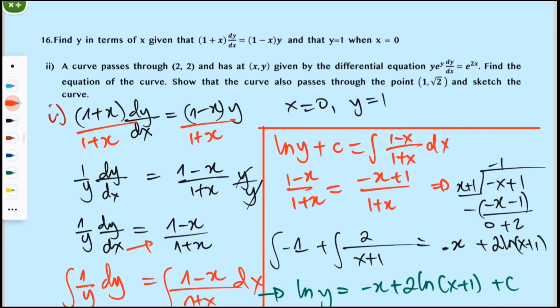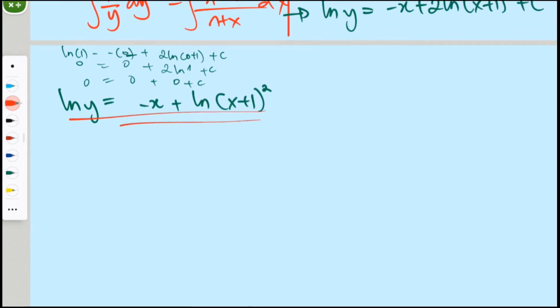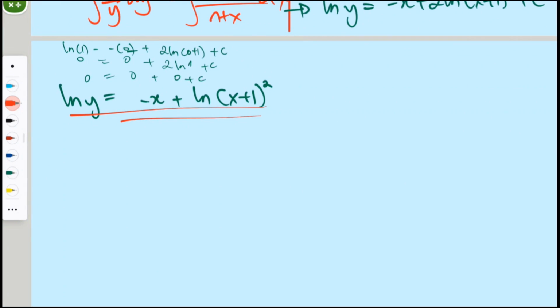A curve passes through 2, 2, given by the differential equation y e to the power y dy by dx. Find the equation of the curve. So we have to find the original equation of the curve, just like this one, right? So we have second part, y e to the power y dy by dx equal to e to the power 2x.